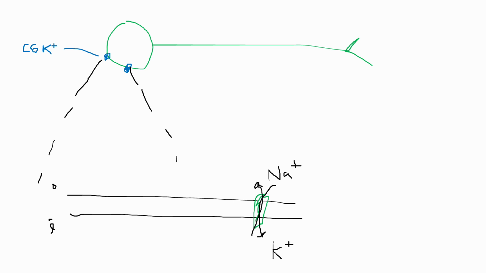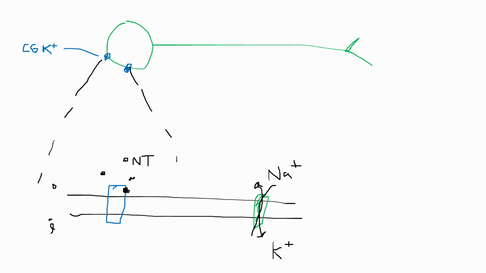Then we have these chemically gated potassium channels. There's our chemically gated potassium channel. And we're going to see that some neurotransmitter released by the presynaptic neuron binds this channel. So there it is, binding that channel.